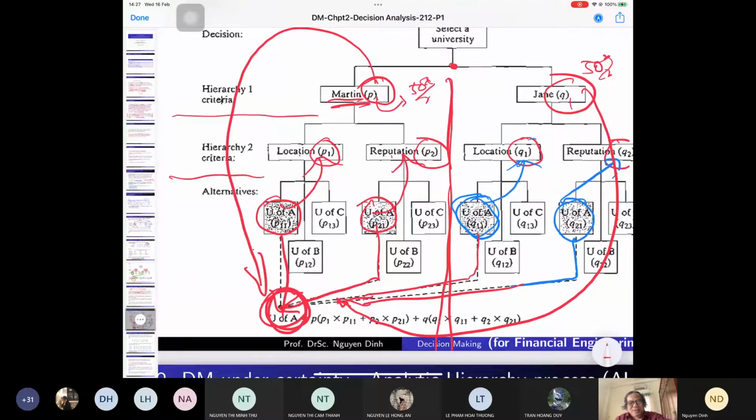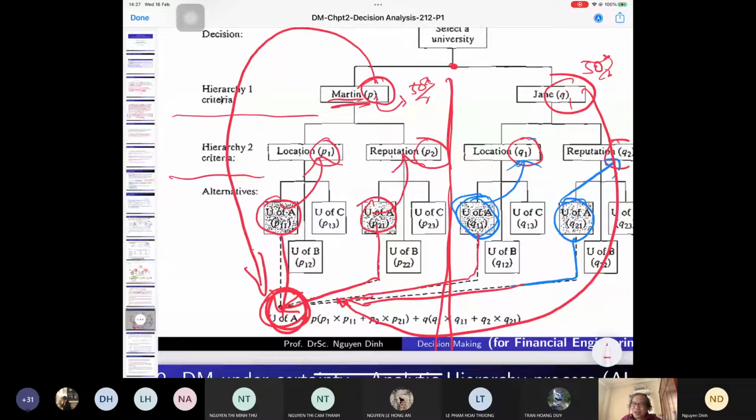The composite weight of Martin multiplied by the weight of Martin, P, plus the composite weight of Jane multiplied by the weight of Jane, Q. Then you sum up and you compare. This is just for University A. For University B and University C, you do the same.